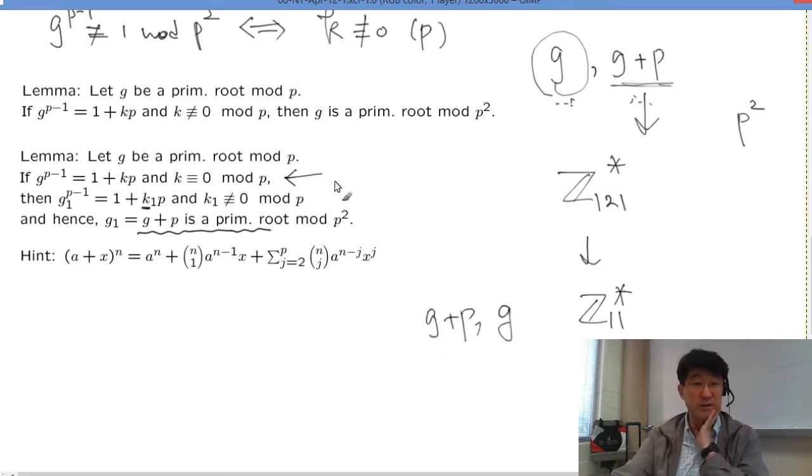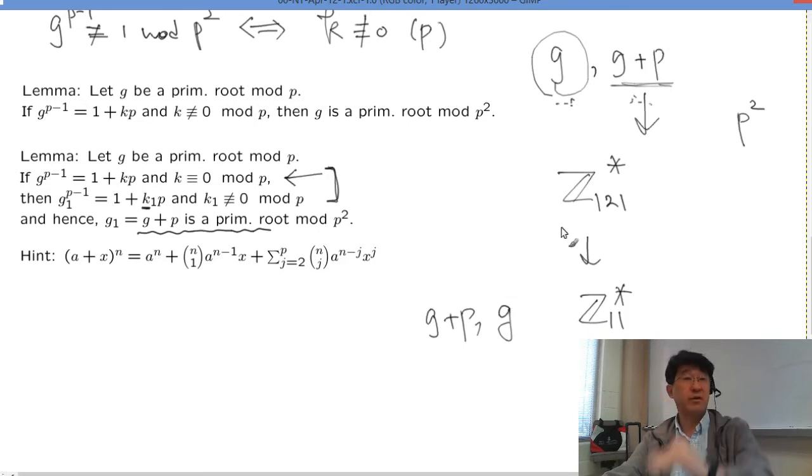This is a criterion now: whether as you expand that from mod p, it's going to be 1 mod p squared or not. Then this will remain a primitive root up there. If it is a third power of 11, and so on, it remains forever. Does that make sense?